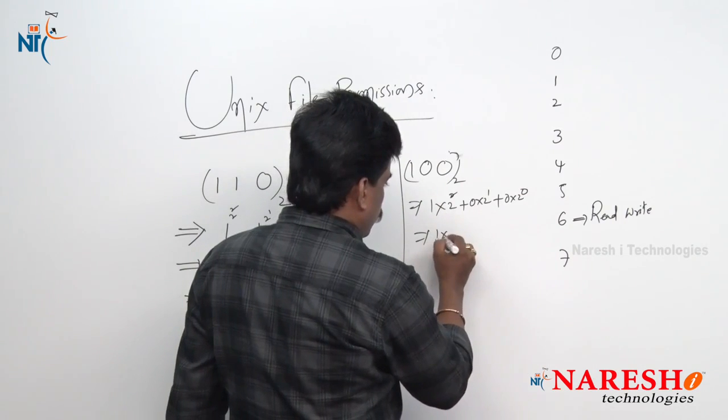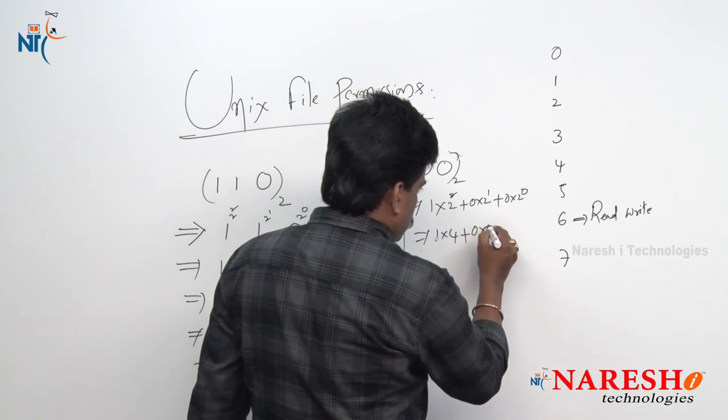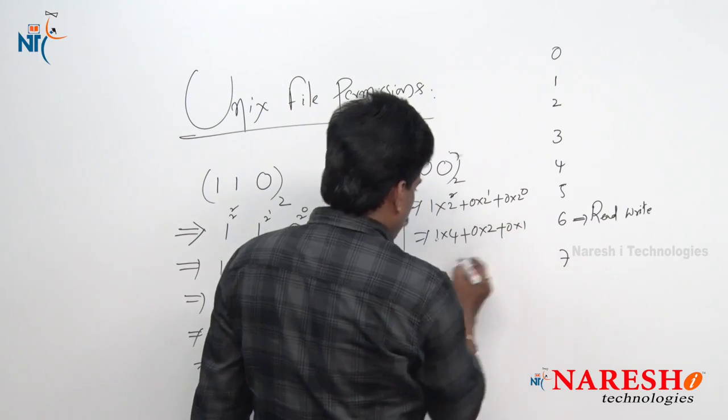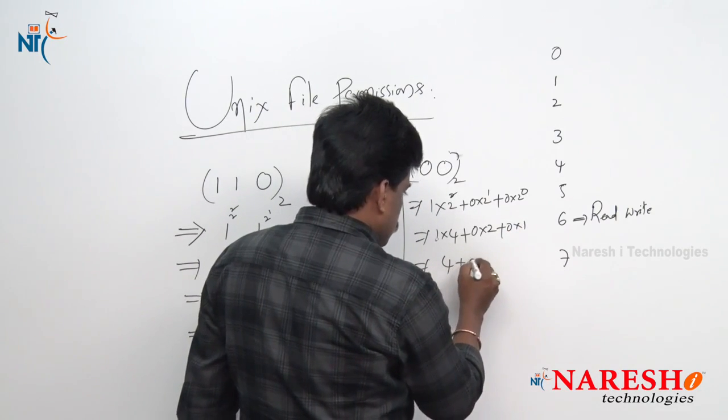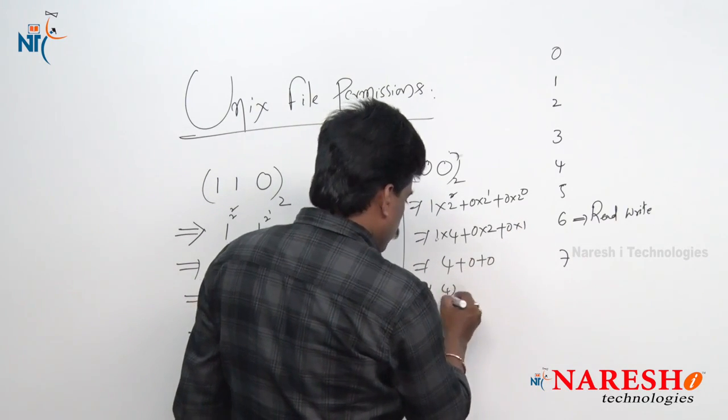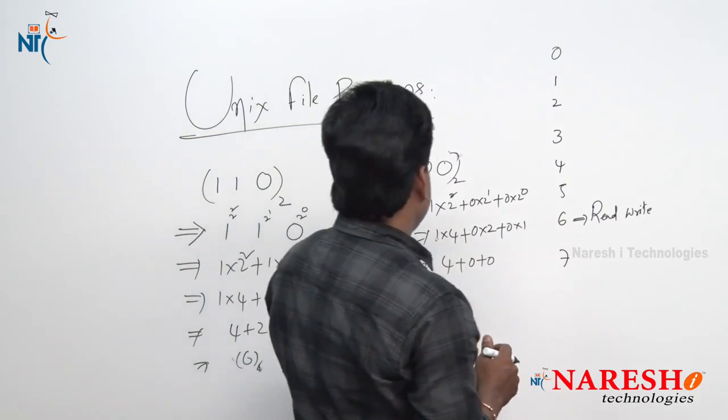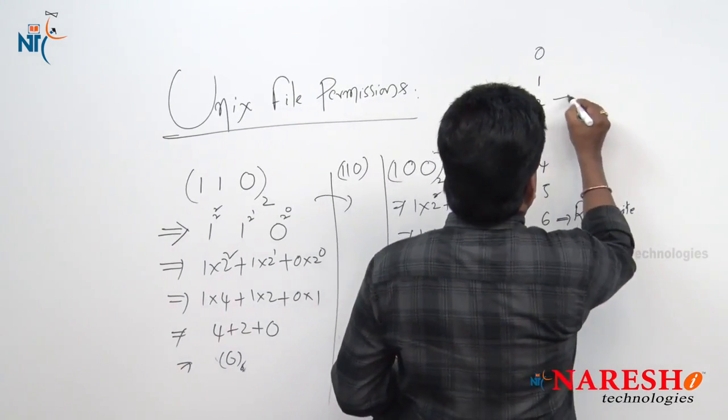That is 1 into 4 plus 0 into 2 plus 0 into 1, so 4 plus 0 plus 0. So 4 is the octal number. For 4 we write only read.